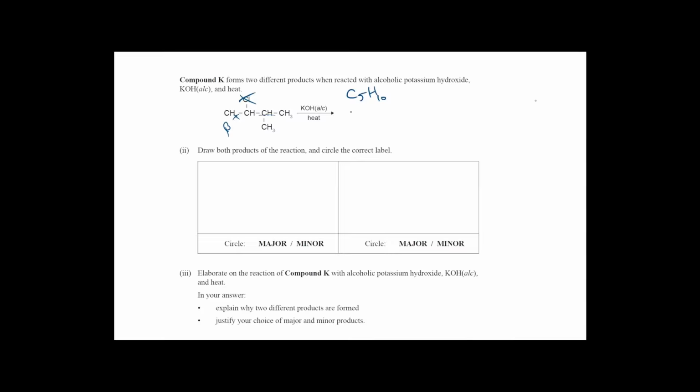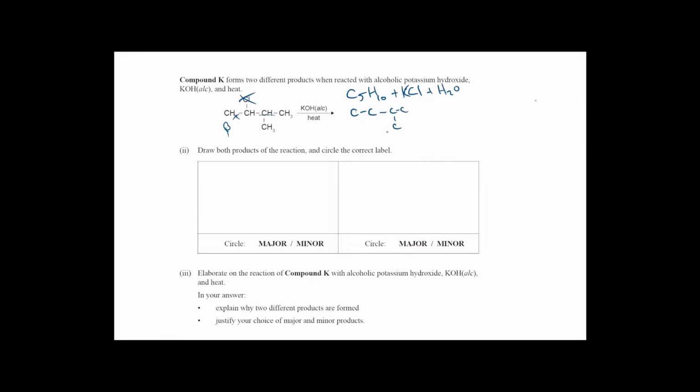Plus, I guess it's going to be potassium chloride. And it picks off one of those hydrogens, so it's going to be water. Okay, so the two it's going to use here, it's going to be C, C, C, C. Let's put those in first.